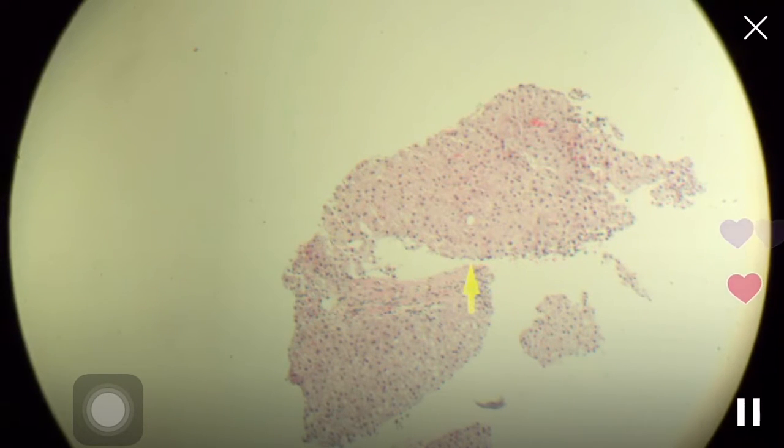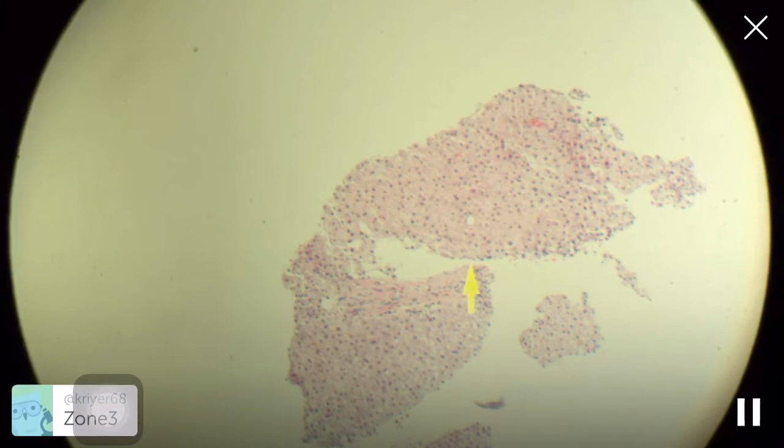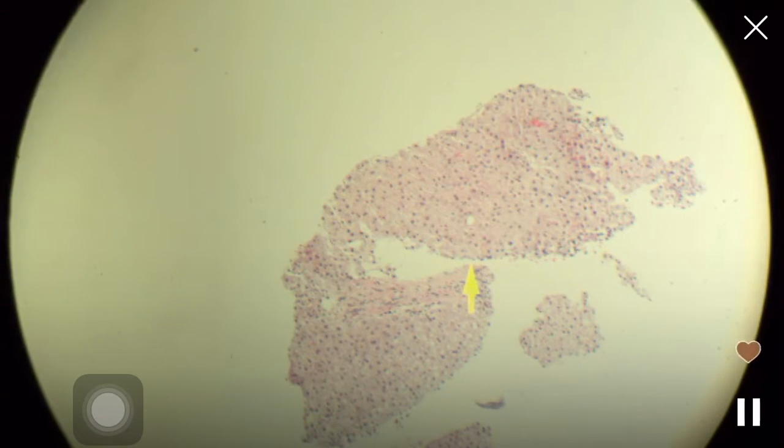No, not the portal triad. Zone 3, acinar zone 3, or the pericentral region, around the central vein. And then as it gets more severe, it extends from the central vein out towards zone 2, and then eventually reaching the portal tract. So in a fairly non-scarred liver, you can call it mild, moderate, or severe just by asking, is it confined to acinar zone 3, the pericentral region? Is it extending halfway or 2/3 of the way to the portal tract, or is it filling the lobule?